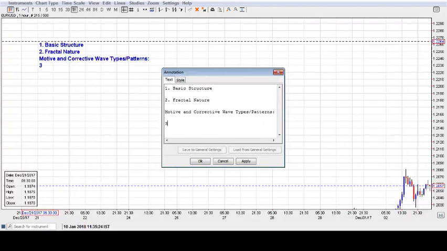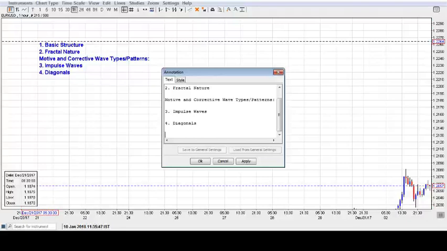Right? And out of those patterns, number three in the sequential order, we would want to touch base with impulse waves and their properties or guidelines, diagonals and their properties or guidelines. Those two are types of motive waves, and then we'll touch base with flats.